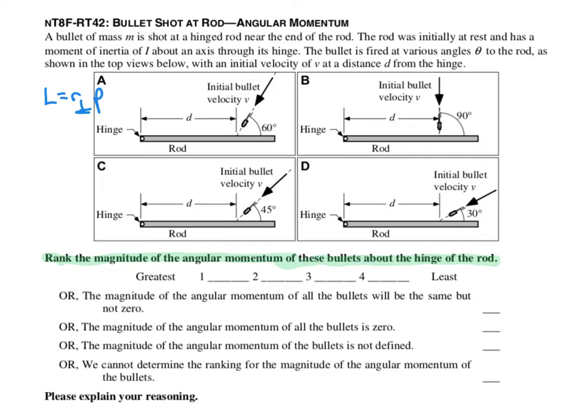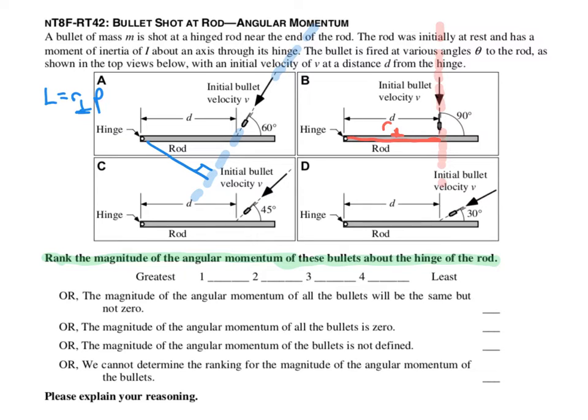So if we look at, say, case A, our moment arm is that, and our shortest possible distance from the moment arm to the pivot is this. Looking at case B, we have a line of action, which is, in this case, purely vertical, and therefore the rod itself is the moment arm, so that's nice.